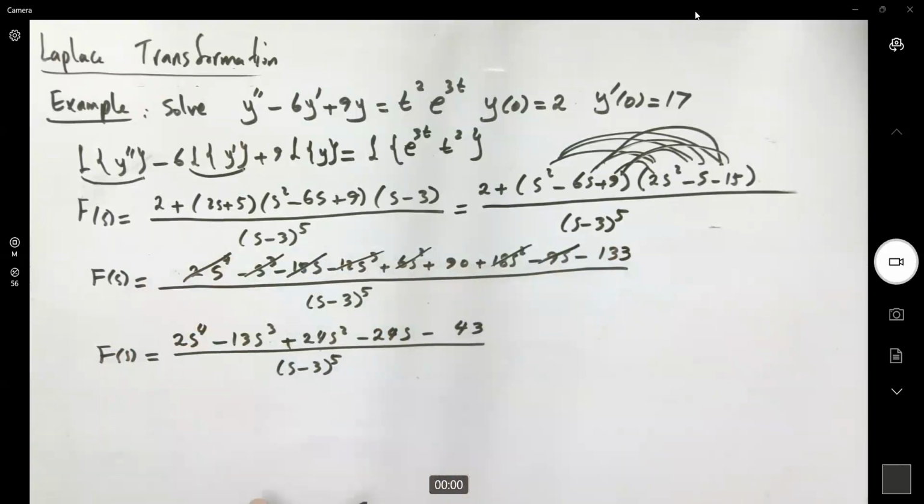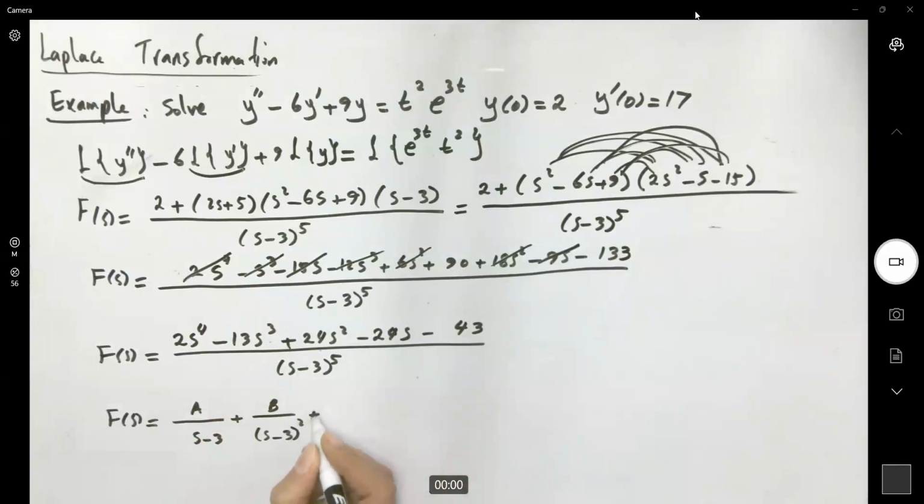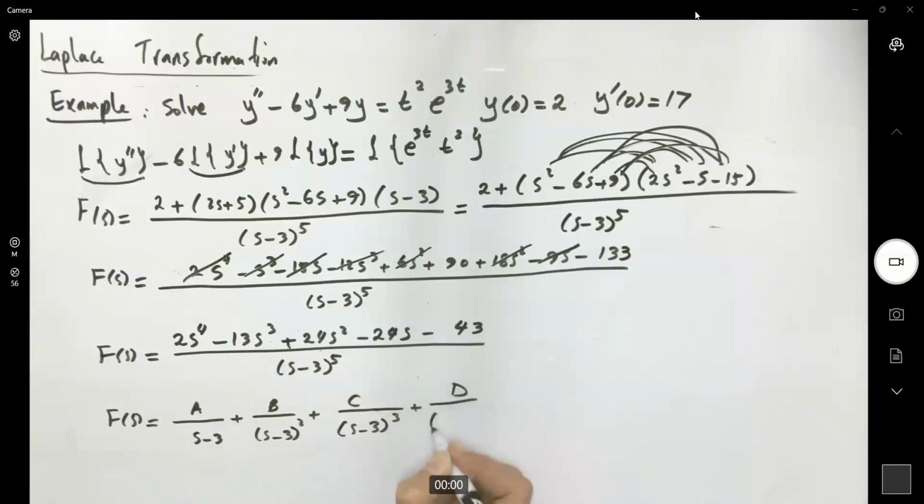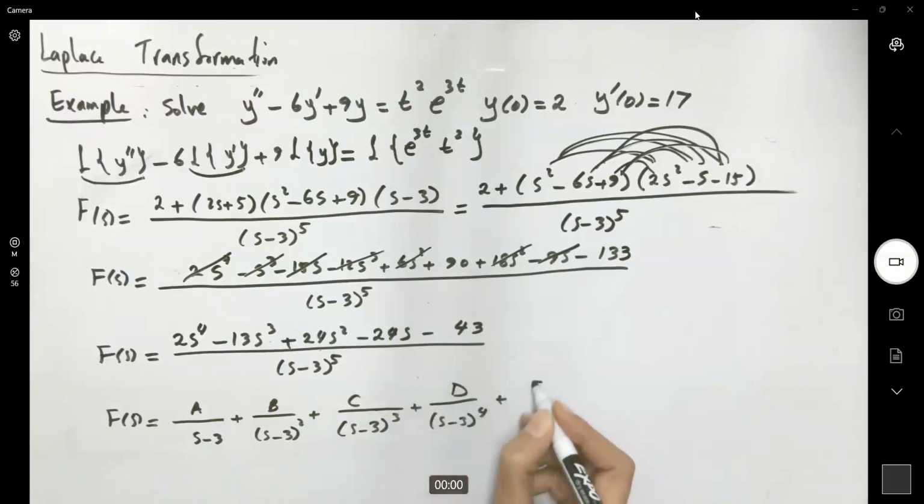So our goal is to write this in partial fraction form. Because of the repetition in the denominator, F(s) equals A divided by (s minus 3) plus B divided by (s minus 3) squared plus C divided by (s minus 3) to the 3rd plus D divided by (s minus 3) to the 4th plus E divided by (s minus 3) to the 5th.